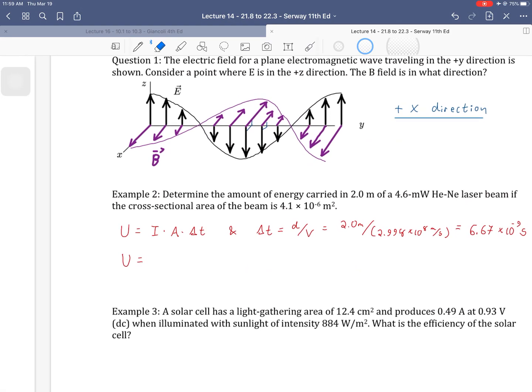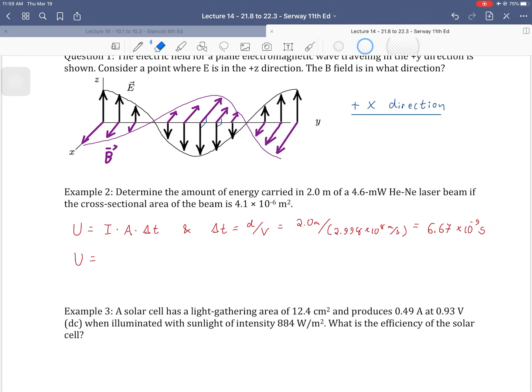Yeah. So let's go ahead and replace this with our power over 4 pi d, because it's still the distance squared, and then times the cross-sectional area times delta t. Okay, and so then let's plug everything in. So then we'll plug in our 4.6 times 10 to the negative 3 watts. Okay, and then we'll have the distance it covered.